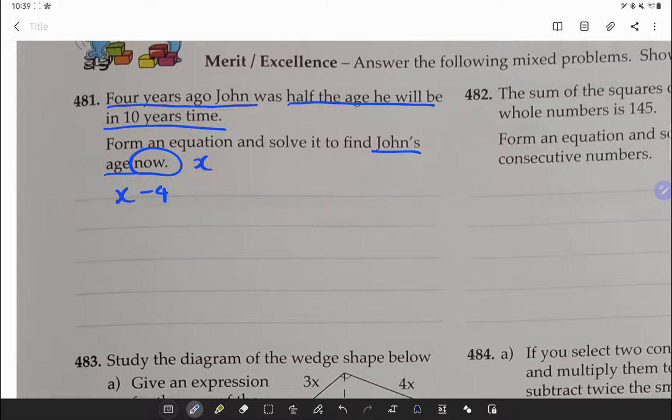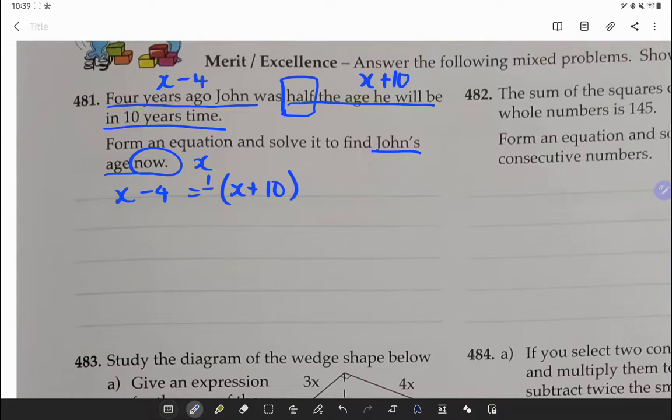4 years ago, that's that. Half the age he will be in 10 years' time: his age in 10 years' time is x plus 10. Cool. You can say this in two different ways.